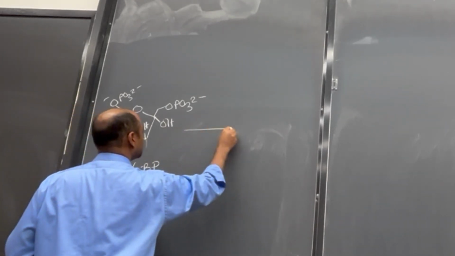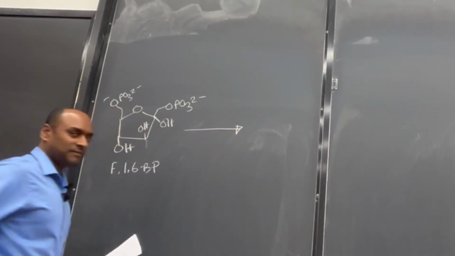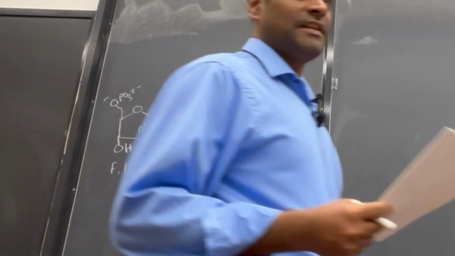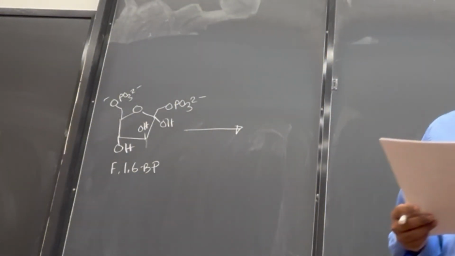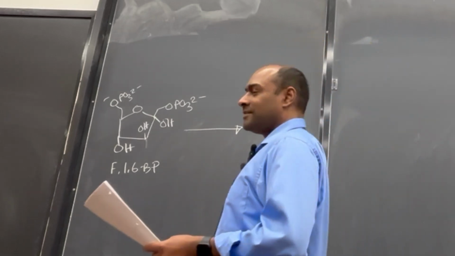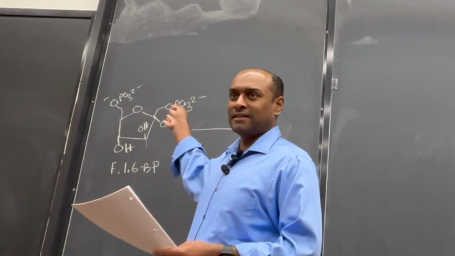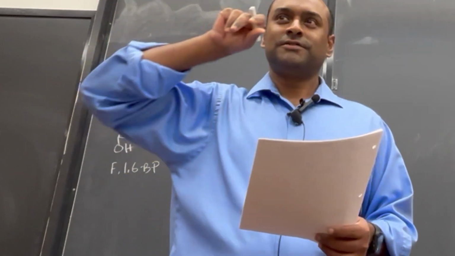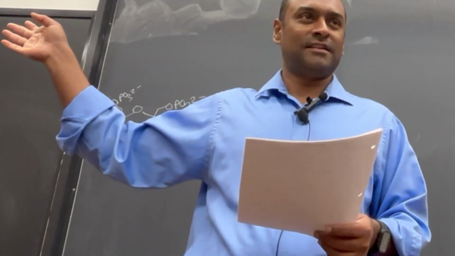And now we need to do something to go back to what? F6P, right? So what do we do? What enzyme did you use to make this? So we use a kinase, right, to make it.